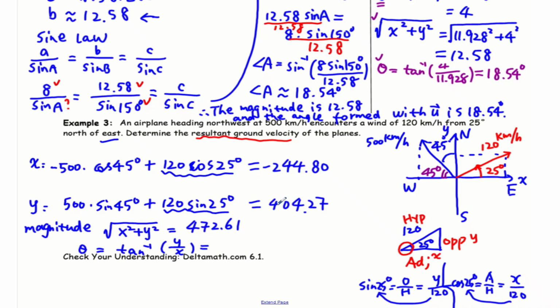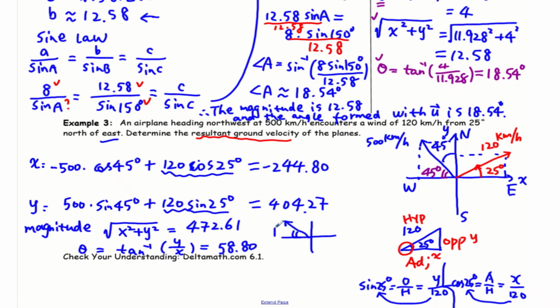And the tangent inverse of y over x, if we just use the positive number, gives us 58.80. And we know this is the x direction, and the y direction is this one, in the second quadrant.